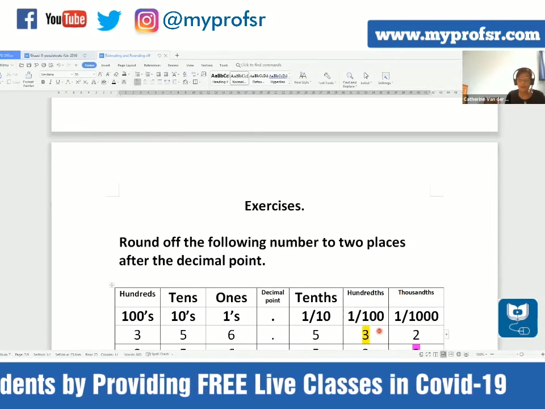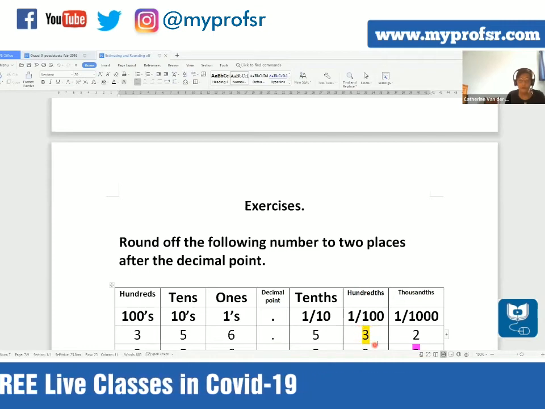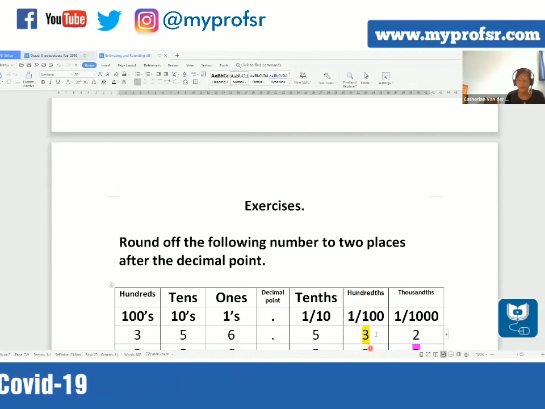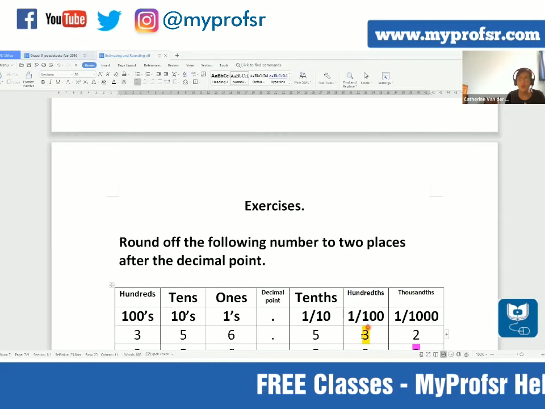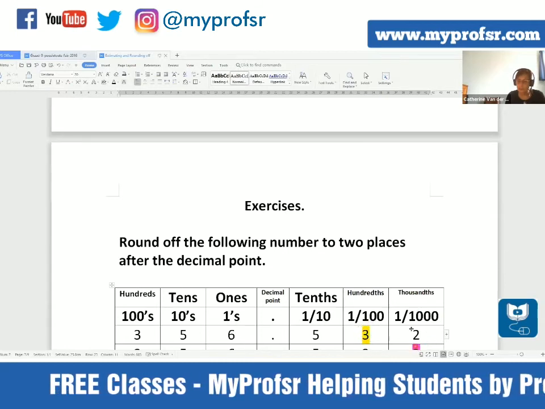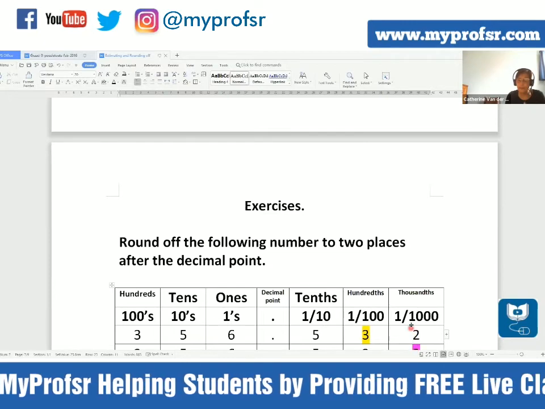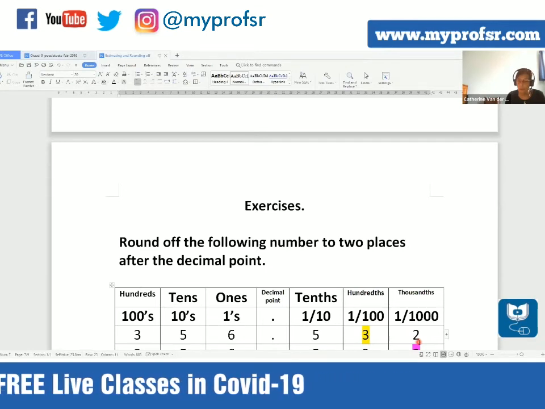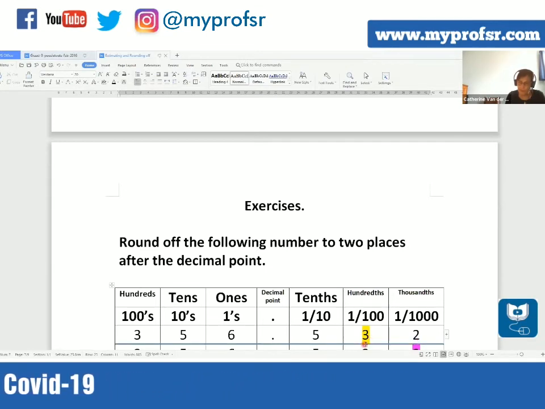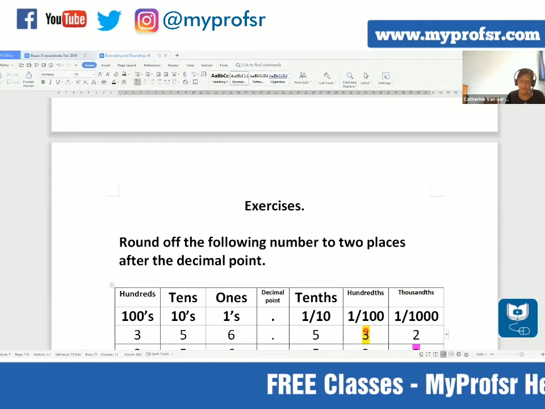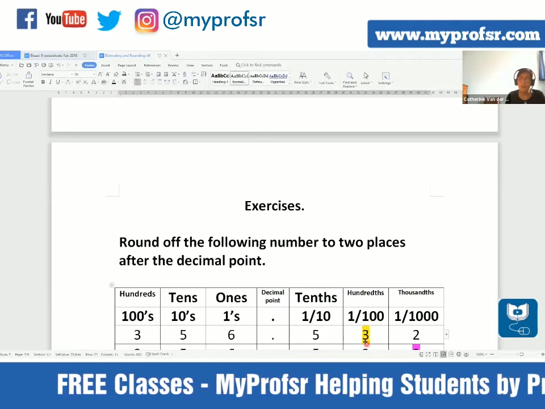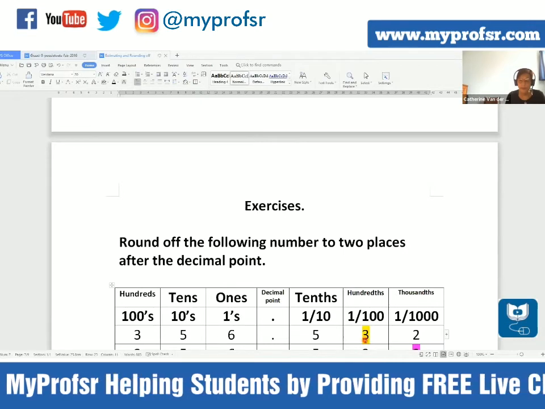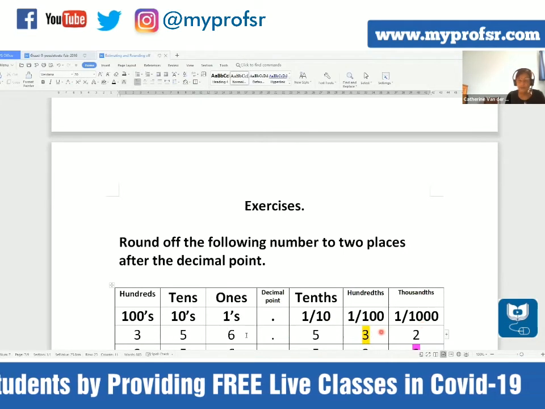And we have to round off to 2 places after the decimal point. So the yellow 3 is the one which is going to change or not change. And you can see that the 2 is the purple one. If the 2 is smaller than 5, the 3 stays the same. If the 2 is bigger than 5, then this 3 is going to increase with 1. Anyone who can give me the answer for this problem?